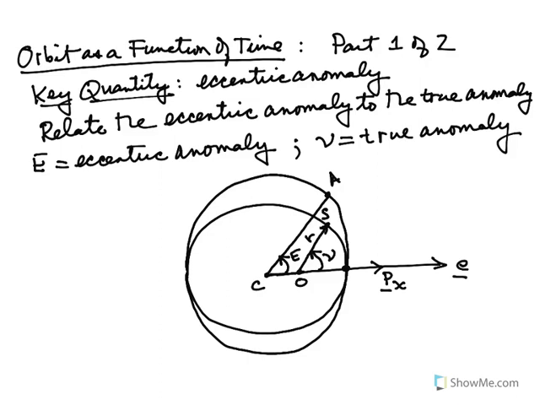So the way that the inner circle looks is as follows: if you draw a circle that is tangent to the ellipse at the top and bottom of the ellipse, that's what that circle looks like.